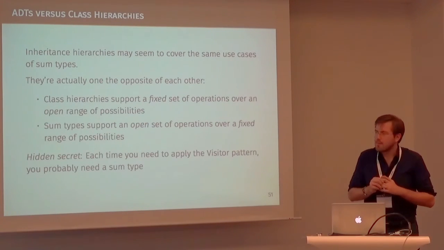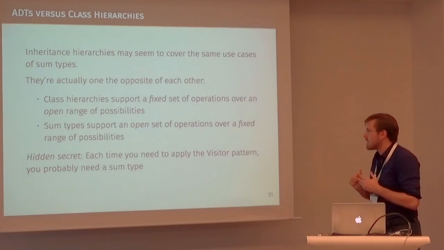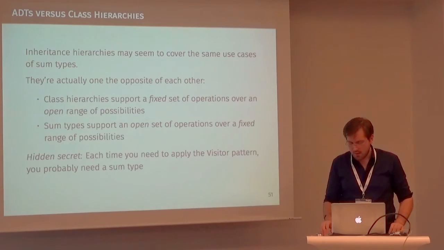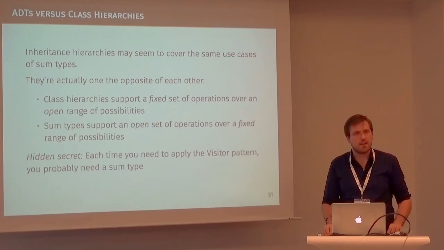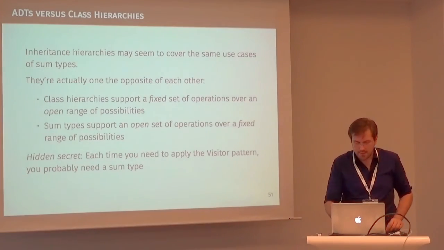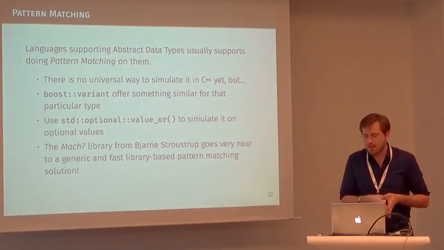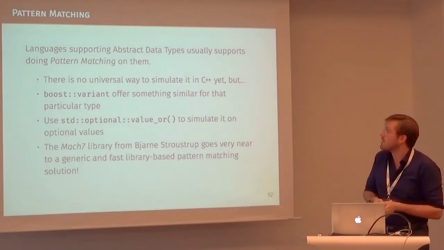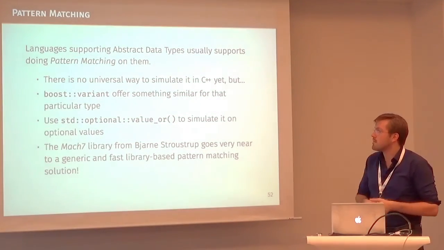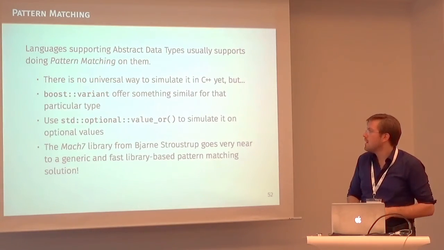Probably each time you need to apply the visitor pattern, you probably needed a sum type if the language supported it, probably boost variant or something like this. Most often this is the case. And a language supporting algebraic data types should support pattern matching. If you have programmed in Scala, in Rust, in Haskell, you know that pattern matching is awesome.